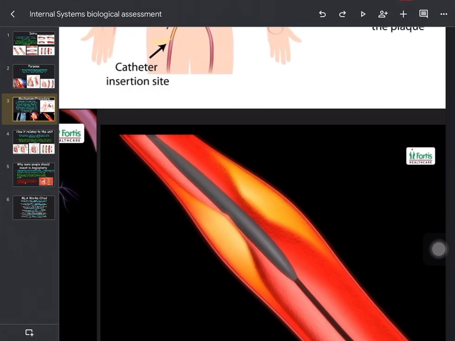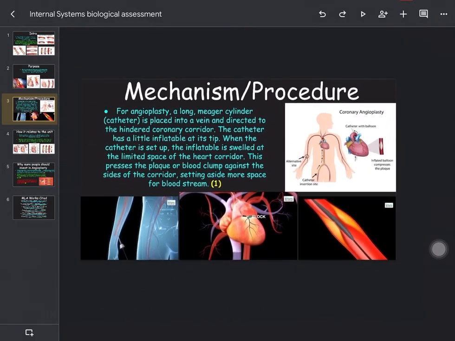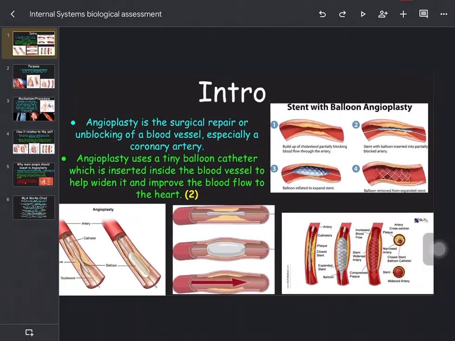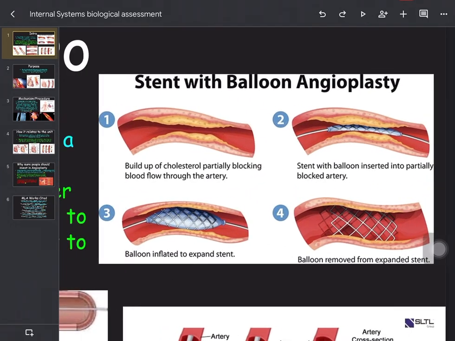Now some patients may also receive something called the coronary stent angioplasty, which I also mentioned in the intro, which looks something like this. During coronary stent angioplasty, after the catheter has positioned itself on the side of the blockage, it inflates, expanding the stent and locking itself in place.